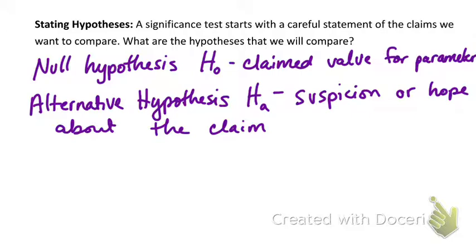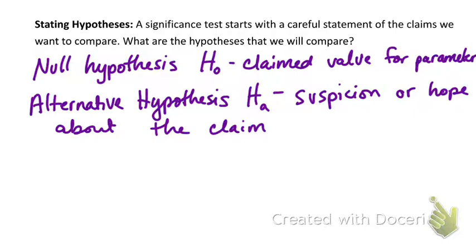But basically, if Coach Brooks comes in here and says, I'm an 80% free throw shooter, we're not going to look at him and go, no, you're not. You're a 50% free throw shooter. We're going to have an alternative that is in terms of his claim. So if he says he's 80%, we're going to go, no, you're not that good. You're less than 80%. We might look at him and go, oh, you're being humble.